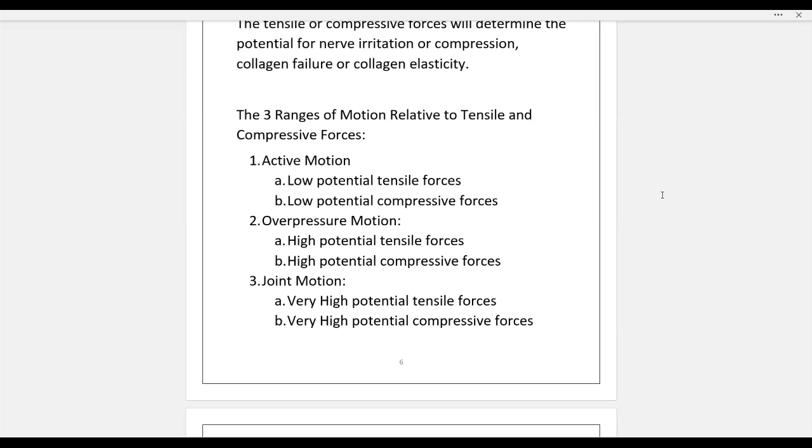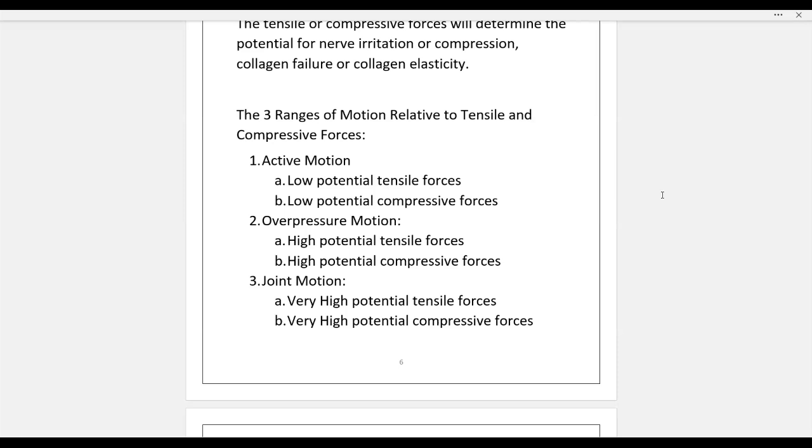Okay. Now, what happens when we move further? What happens to the tensile forces when we move into overpressure? Now you go into high tensile forces. What happens to the compressive forces? It significantly increases. Now, let's say moving the head, for example, in flexion. When you start moving the head the first 5-10 degrees, there's very little tensile or compressive force.